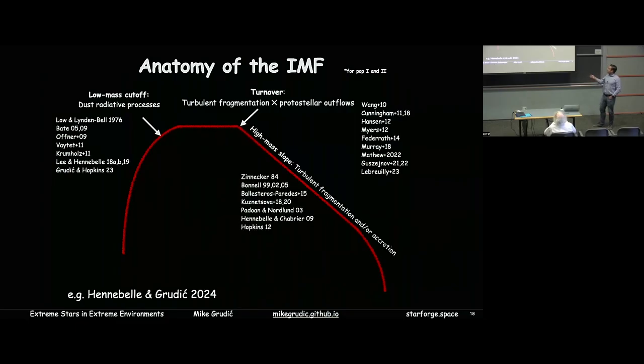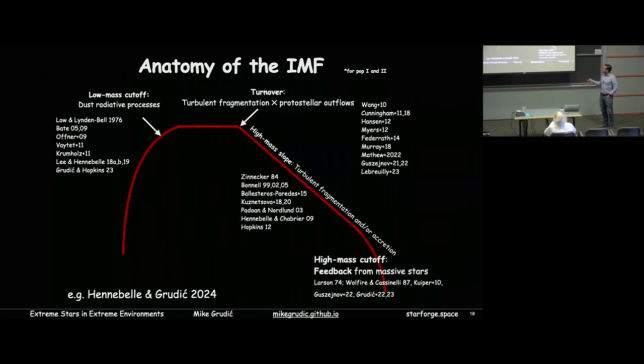You have this high mass slope, which may also be due to turbulent fragmentation, but as we saw in Starforge, it's more of a runaway accretion type effect. And you have this high mass cutoff, which is set by feedback from massive stars. And as we've seen, this high mass cutoff could get very big at high surface densities and low metallicities, and this may prove important for high redshift galaxies. Thank you.